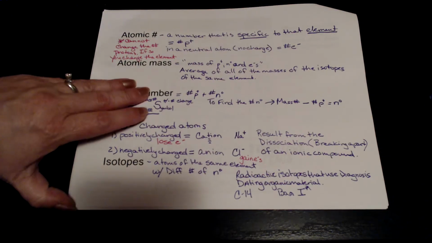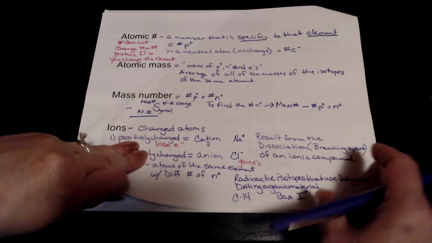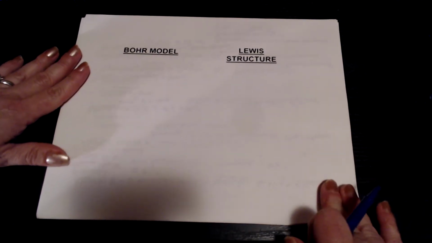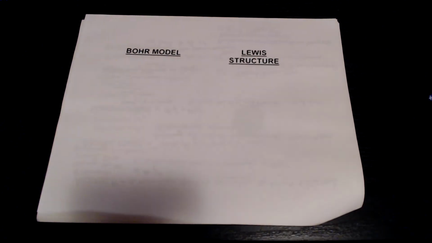So let's see about moving on to the next page, which would be right here. I just want to do a quick review with you guys about drawing Bohr models and drawing Lewis structures. To model the electrons that are surrounding the nucleus, we have two different ways.